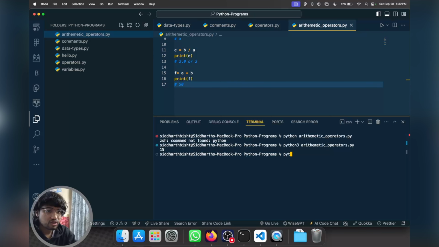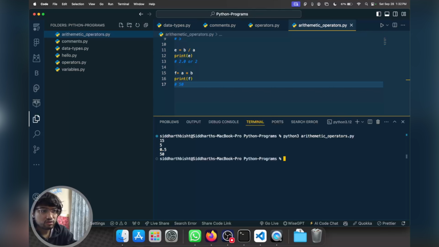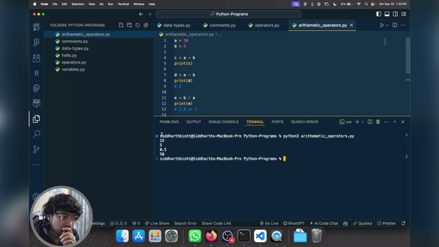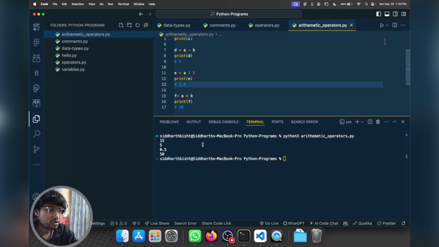So let's run this program: python3 arithmetic operator.py. As soon as I press enter, I get 15. The first one is the addition operator, then 5, then the division. I think it should be a divided by b only. So 10 divided by 5, yeah, and it will give us 2.0, and then 50.